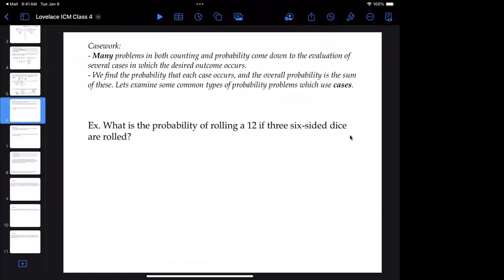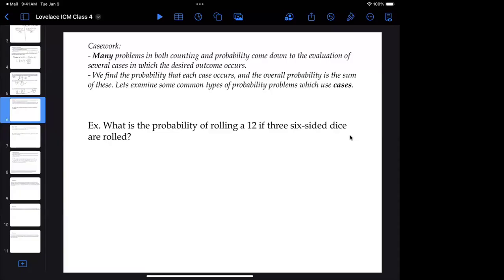Now I'm going to talk a little bit about casework. Many problems in counting and probability come down to breaking things into cases and counting things separately within each case, because some cases do not work the same as others and you need to account for them separately.